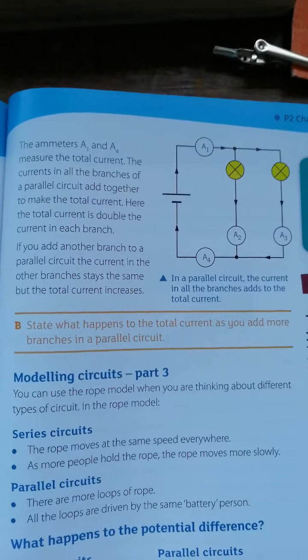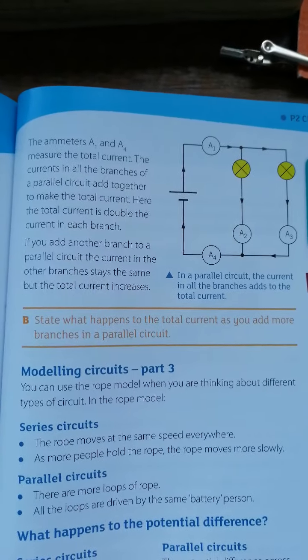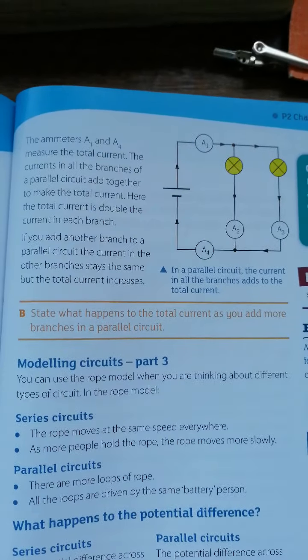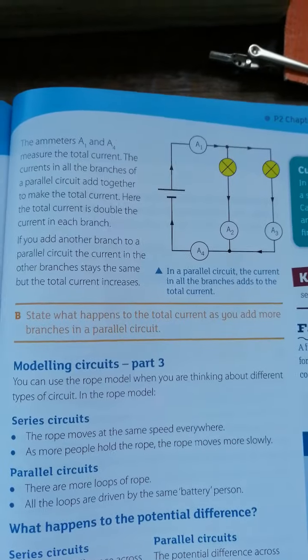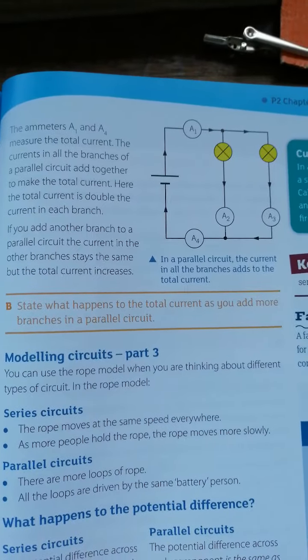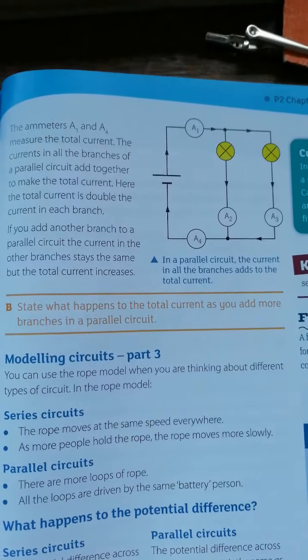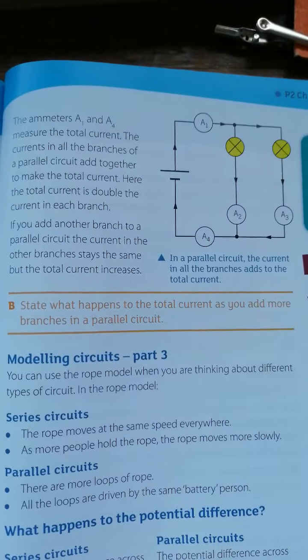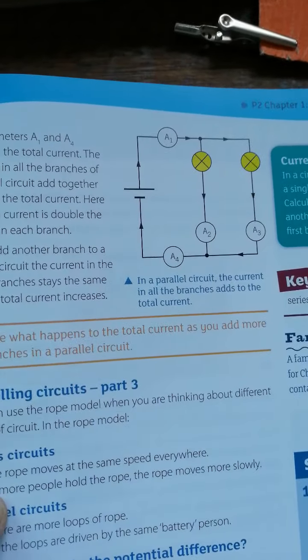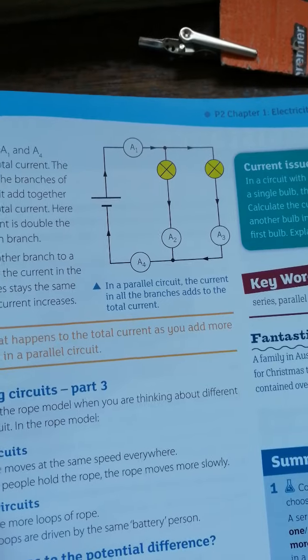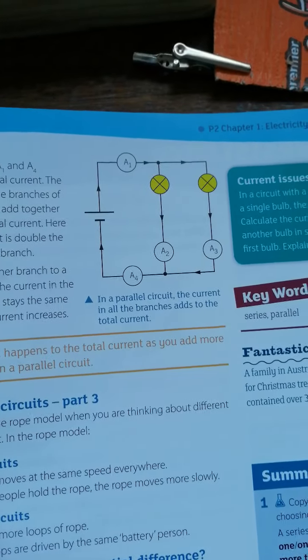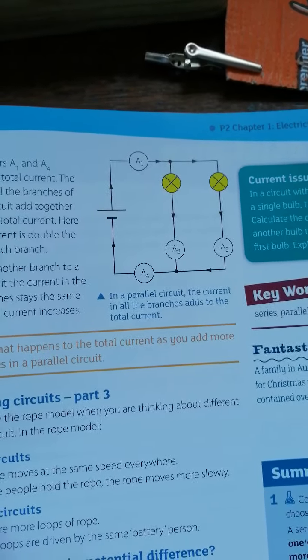Now, as it shows in the textbook, with a parallel circuit, the ammeters in positions 2 and 3 should show the same reading, and the ammeters in positions A1 and A4 are measuring the total current flowing through the circuit.